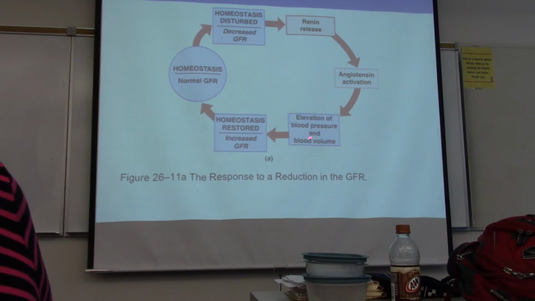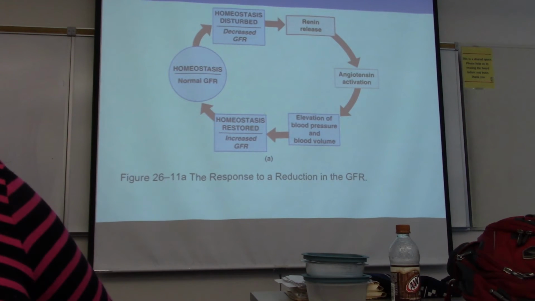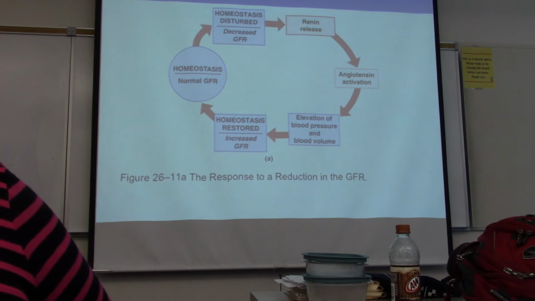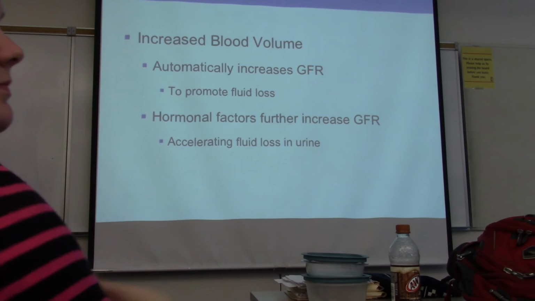That raises your blood pressure, increases your blood volume. If you can increase your blood volume and your blood pressure, you're going to start making more GFR. And if you make GFR, that's going to restore the homeostasis from this little cycle. Okay? Negative feedback. When you get more blood volume, more water, more blood cells, whatever, that's going to automatically increase your GFR. Does that make sense?